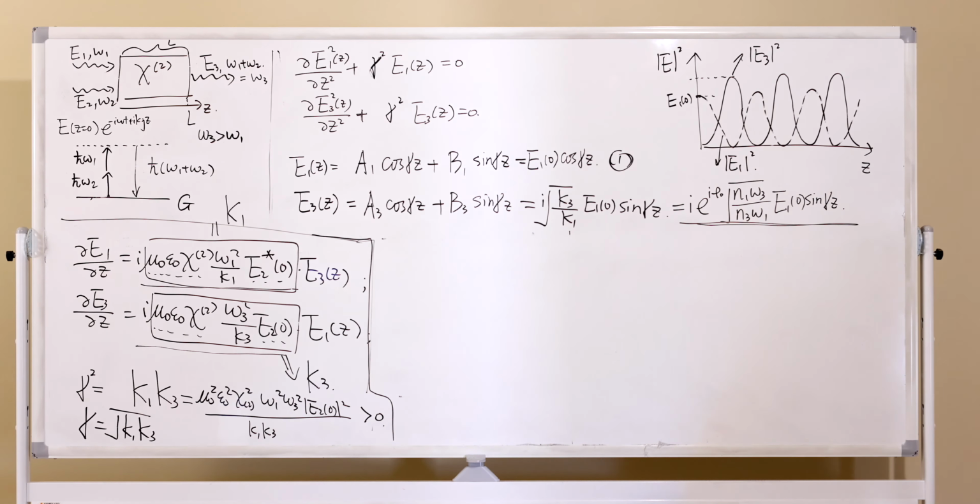But here, for parametric amplifier, for example, difference frequency generation, what happens is that you consume omega-3 photon, annihilate omega-3 photon, and then generate omega-1 and omega-2, right? So the energy is coming from your optical light of omega-3, right? And then there's energy conservation, omega-3 equals omega-1 plus omega-2, right?